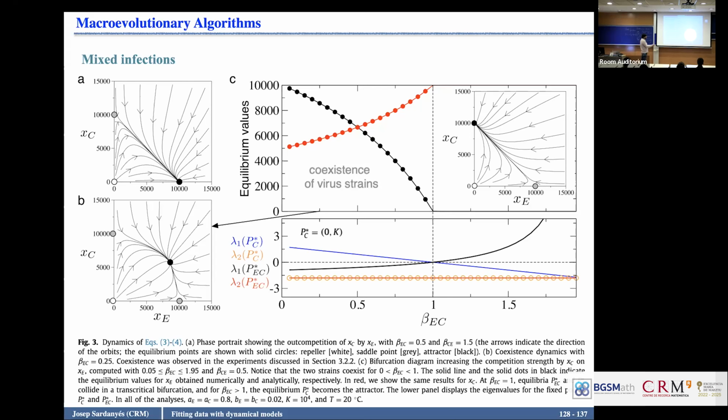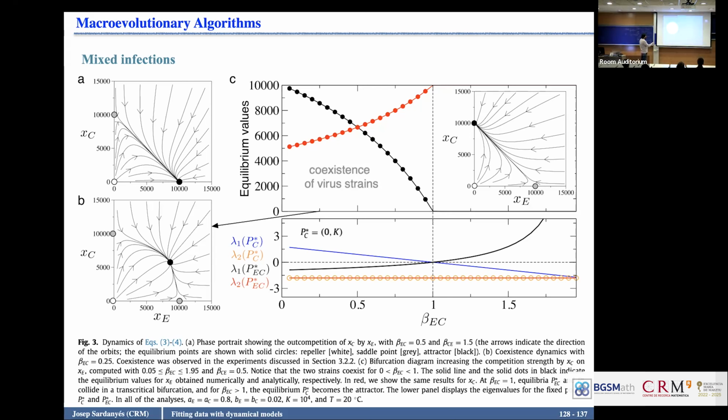But at this point, beta EC equal to 1, there is an exchange of stability because this point collides with PC. These are the eigenvalues of PC. And here you have the phase portraits. This is the case where beta EC is smaller than 1, and these 2 points here are saddles, and I go to this stable node.